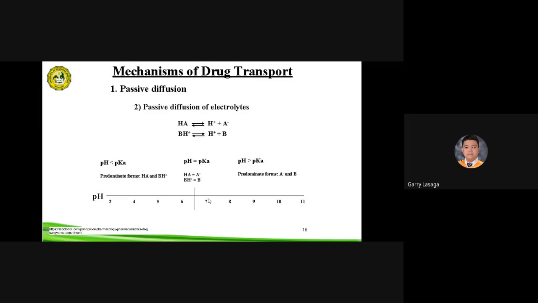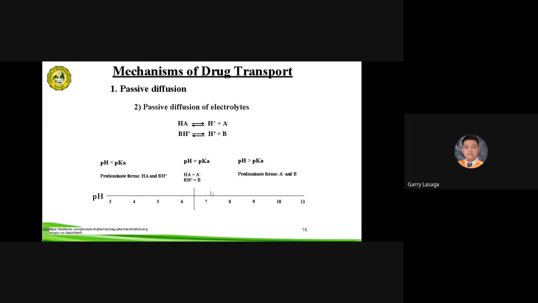Beyond 7, that refers to the basic or alkaline environment. As you can notice here, the pH of the environment is less than the pKa, which is 6.5. And in this particular environment, the pH is greater than the pKa.